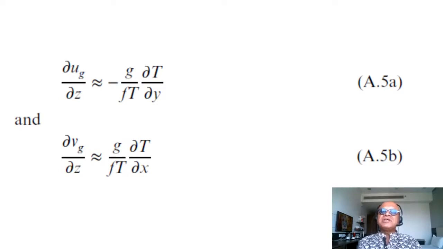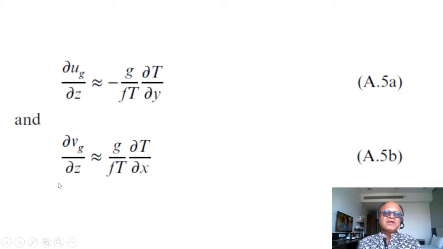Why do I keep mentioning density? Because when we do the same thing in the ocean, rho can be considered almost a constant because it's an incompressible fluid, as opposed to the atmosphere where the density is a very strong function of pressure. We keep mentioning density because even in the ocean, geostrophic balance and thermal winds do exist.